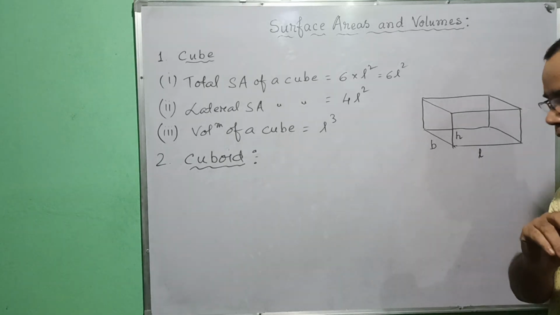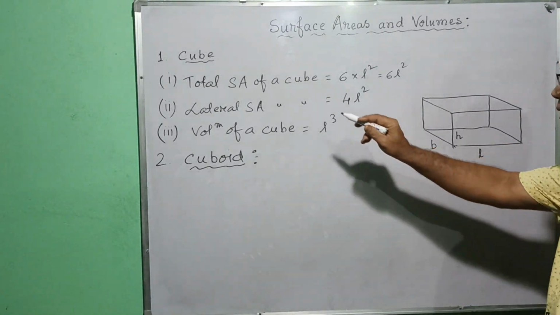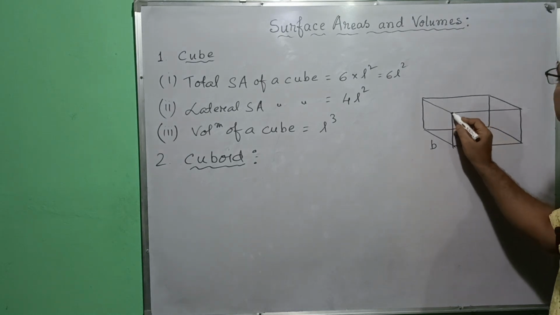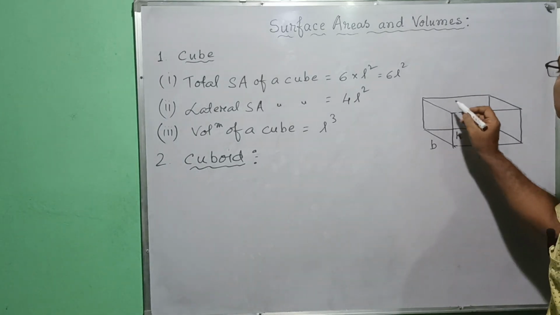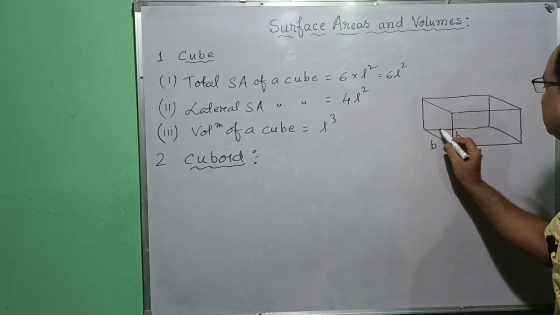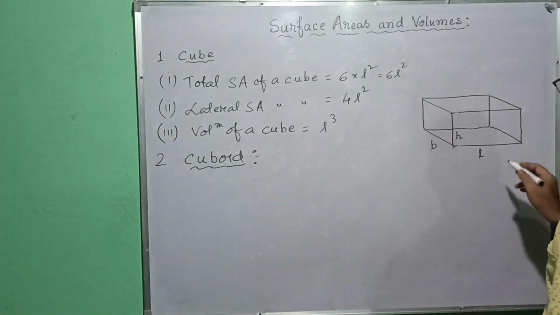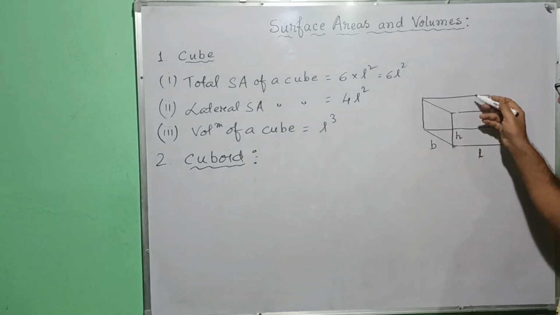Now, in case of total surface area, we have to write first the total surface area. So if we consider one face, suppose the top and bottom, so this is our top, and the bottom is also the same size. Now what is the area of this bottom or top?